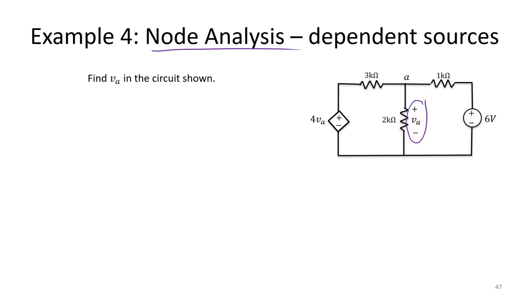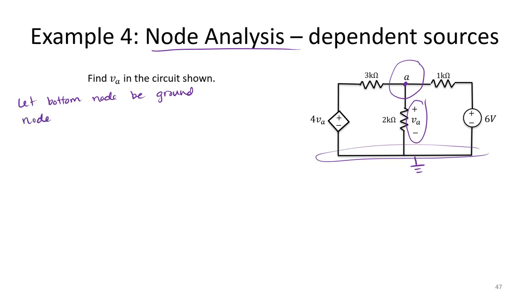So let's first apply Kirchhoff's current law to node A. If we let the bottom node be the ground, then you can see that node A must have a voltage VA, because notice we're 0 volts down here. We climb up VA volts, so node A must be sitting at VA volts.